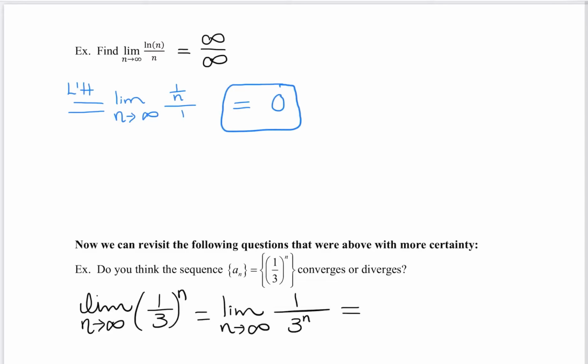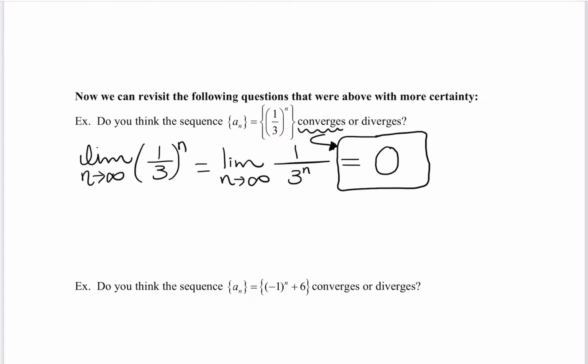So 1 over a quantity going to infinity goes to 0. Just like we observed numerically and graphically, this limit converges to 0.